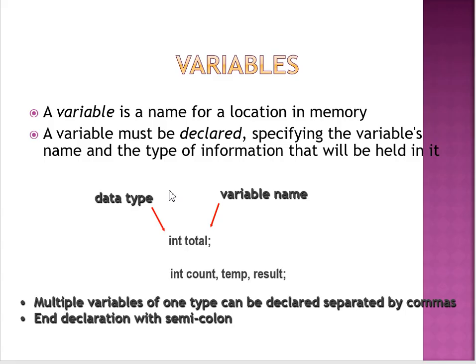Now, it is advised that the variable name must be meaningful. If it's going to be holding a sum or total, let it be total as a name. If it's going to hold age, let it be that instead of calling it a letter or number.